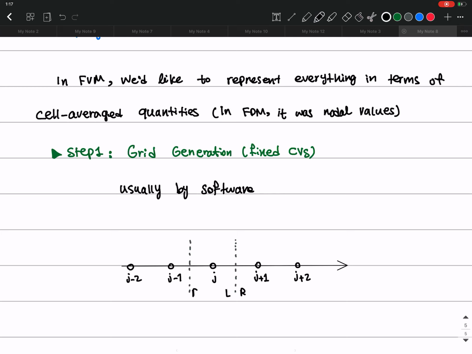So let me make it clearer. This is the control volume that we have, and this is delta x here, and this is going to be our control volume, or CV, and this is now j plus 1/2, and this is j minus 1/2. Okay, so this is our nomenclature here.